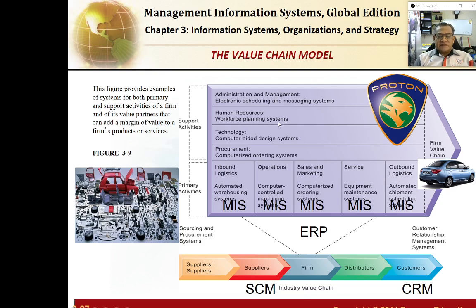And human resource, so they need to have a workforce in terms of workers, engineers, managers, senior managers, CEO, MD. Those are considered workforce which is recruited by the human resource department. Okay, so they also need this IT technology department. For example, in the design engineering department, they need the CAD AutoCAD design system. So this is support activity to engineering, for example, right?